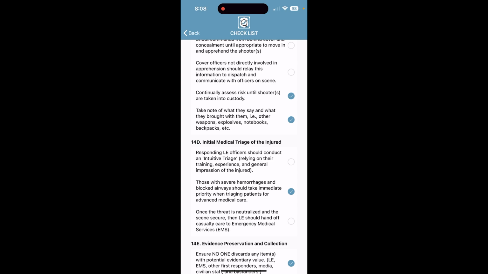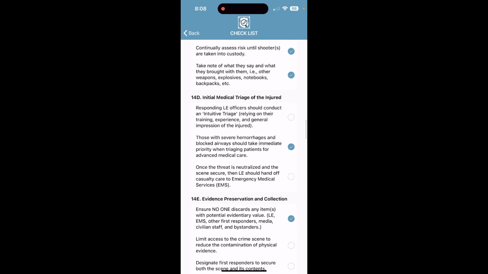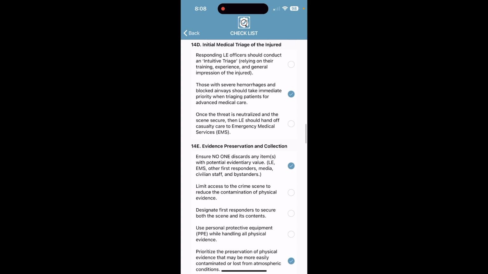You need to be concerned with the most severe injured, with severe hemorrhaging and blocked airways, etc. So law enforcement's job is to do an intuitive triage based on your training, experience, and general impression of the injured that you see. Once the threat is neutralized and the scene secure, then law enforcement should hand off casualty care to emergency medical services.